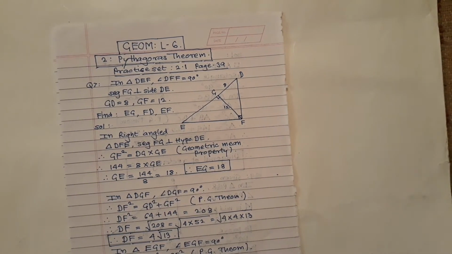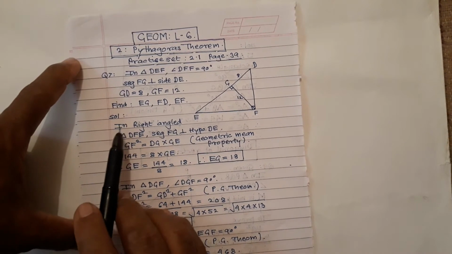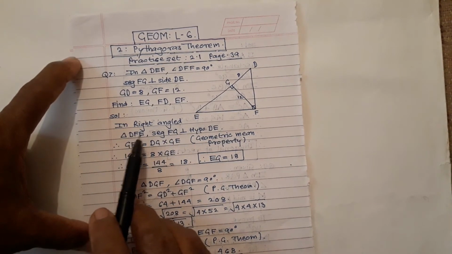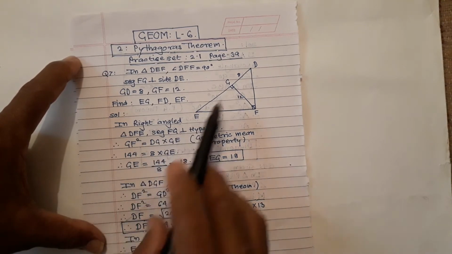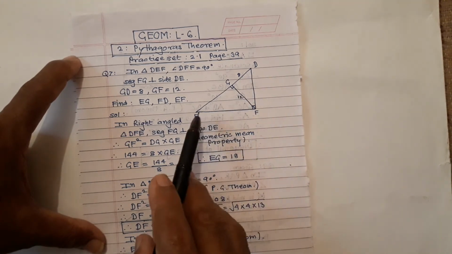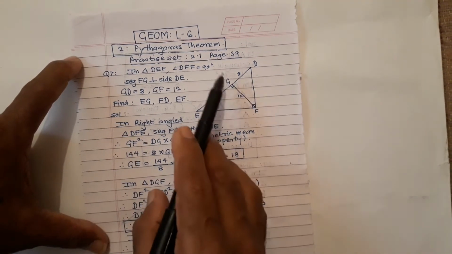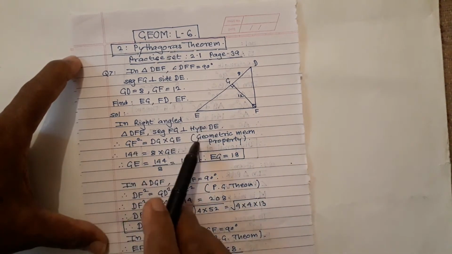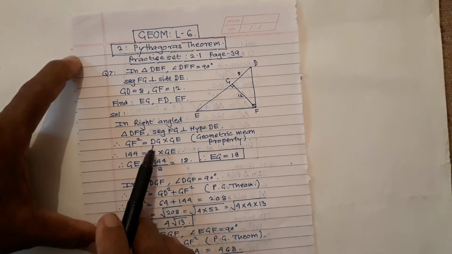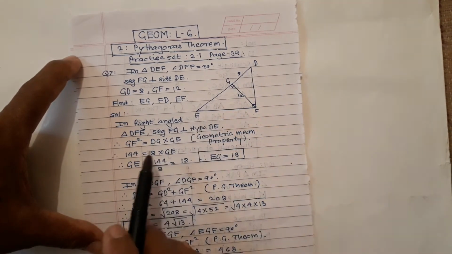Now try to understand the solution. In right angle triangle DFE, FG is perpendicular to hypotenuse DE, and therefore GF square, here I use the geometric mean property, GF square is equal to DG into GE.